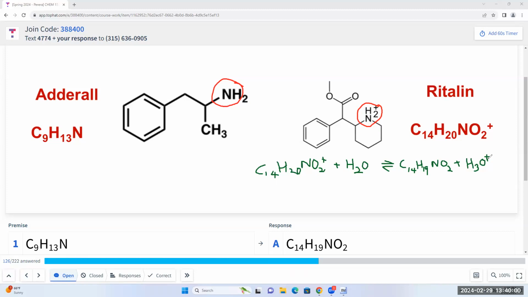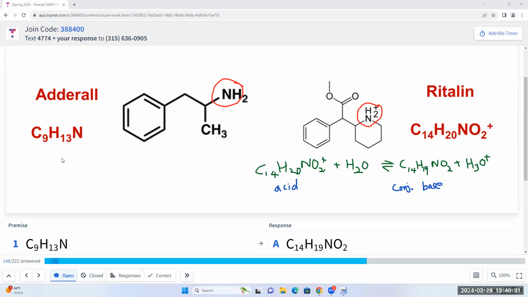And where are my conjugate pairs? Let's do that with a different color. I'm going to use blue now. So here's my acid, and that acid produced a base, which is this base over here. That base is called the conjugate base.